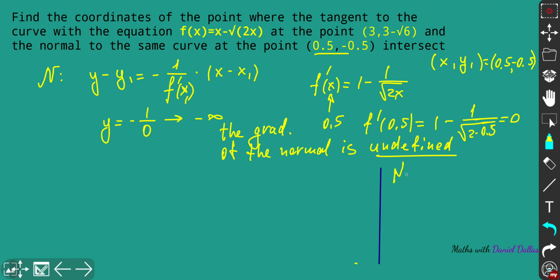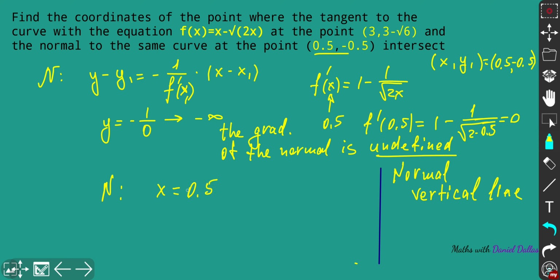So the normal line is going to be a vertical line. That means the general equation for the normal line is when the x coordinate is fixed only, so y can be anything. So that means x is going to be 0.5.